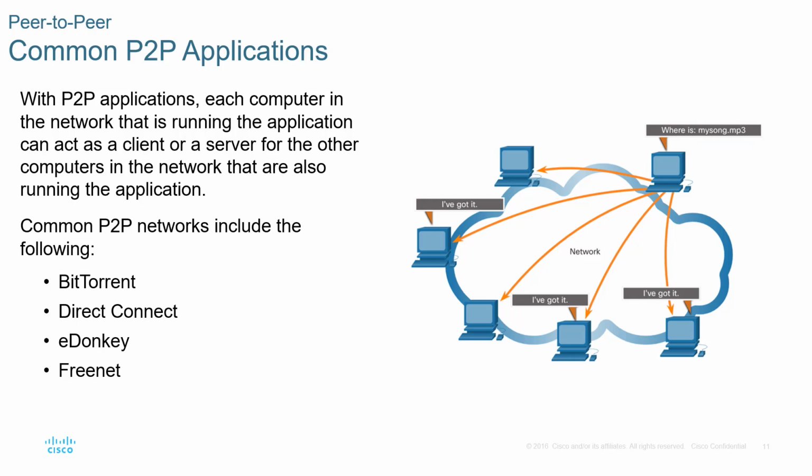The people that have those files would then respond. Not all torrents are illegal. Some game platforms, like World of Warcraft, will actually distribute updates via torrents. That way, they can use everyone in the community that plays World of Warcraft to distribute those updates. That way, not all of the load is on the WoW server for sending out those updates.